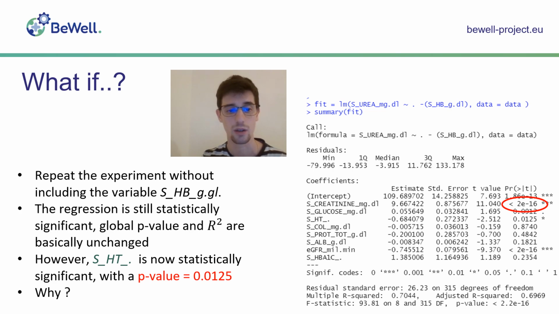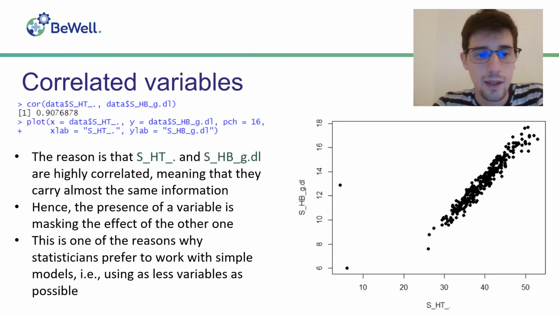What is the explanation? The reason is indeed very simple, and it is clear once we plot the two variables. The values of s_ht and s_hb are strongly connected. Indeed, the linear correlation coefficient between these two variables is 0.9. Consider that the maximum possible value of the correlation is 1, hence 0.9 is a very high value.